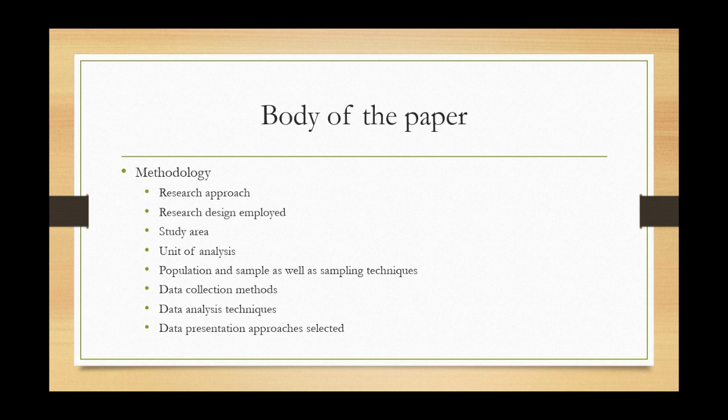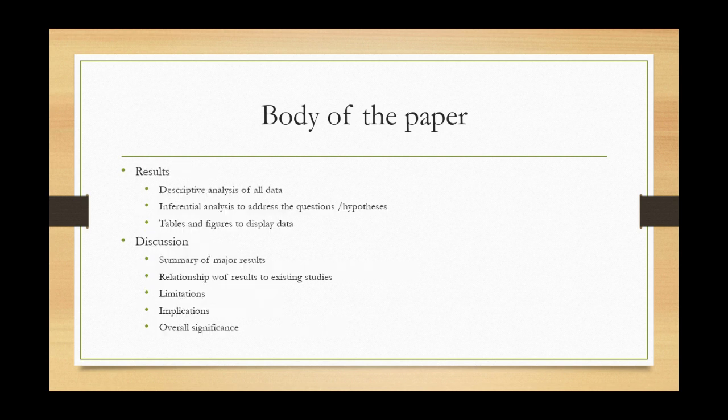Then we have another part that we call the results section. In the results section, here you put some descriptive analysis for your data, the results of your descriptive analysis, the results of your inferential analysis that you have used to address the research questions. You put your tables, your figures that you have used to display your data. So that is in the results section.